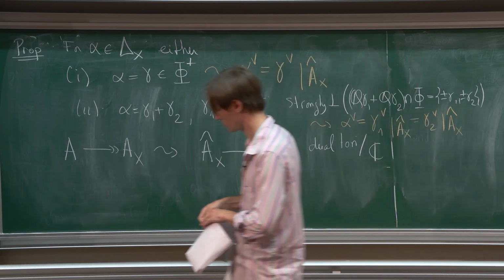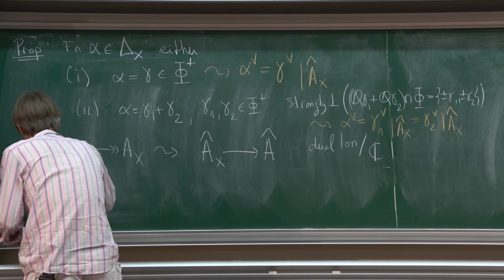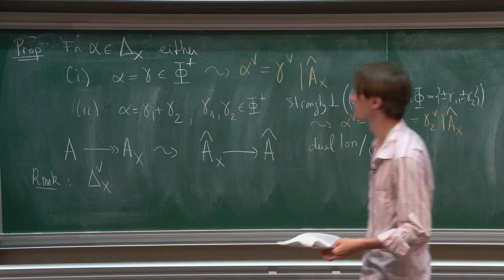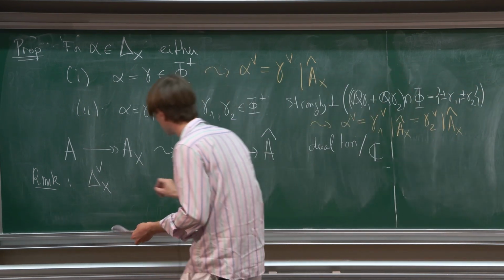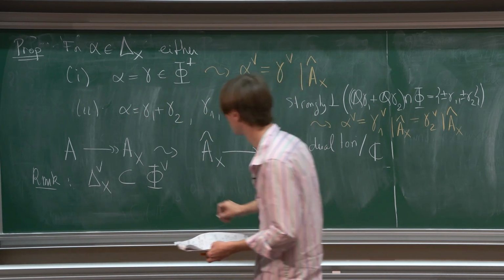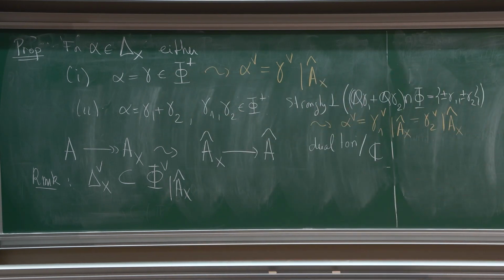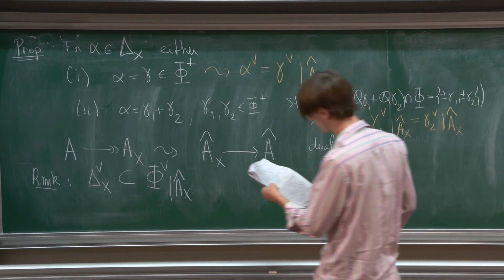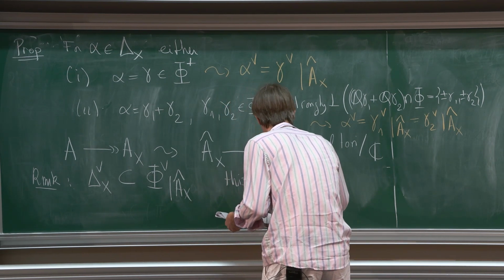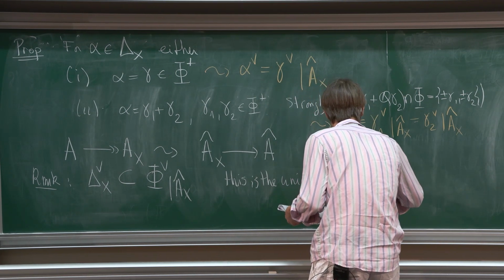And so in particular, you remark that delta X check, the set of spherical co-roots, is always included in the restriction of the co-roots of G to AX hat. And we'll see in one moment why it is important from the dual picture, but this is the unique normalization of the spherical roots with that property.